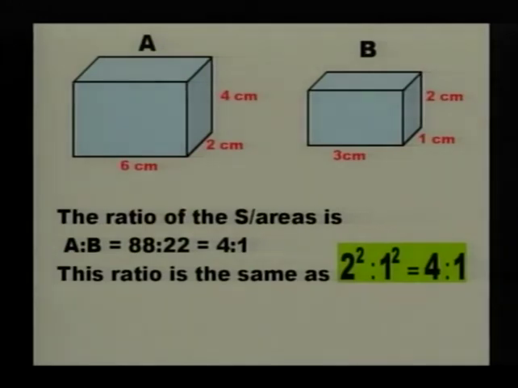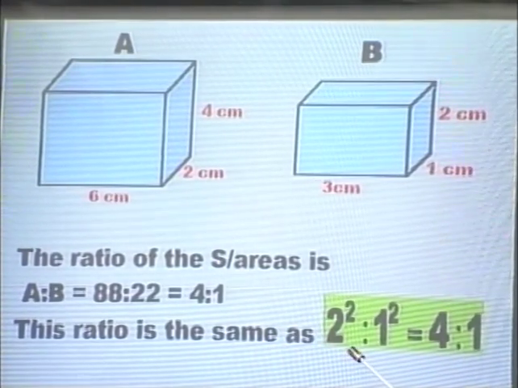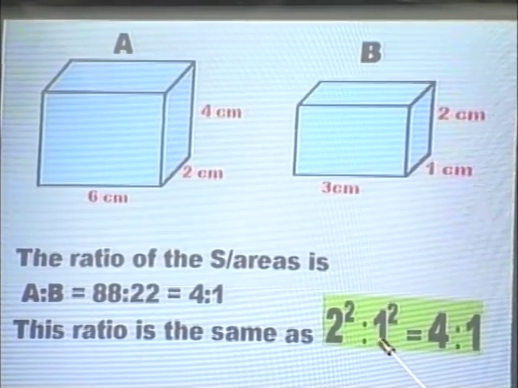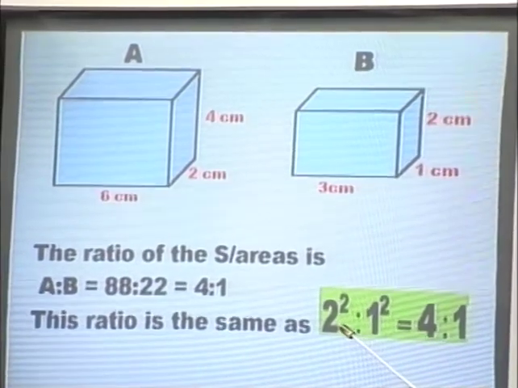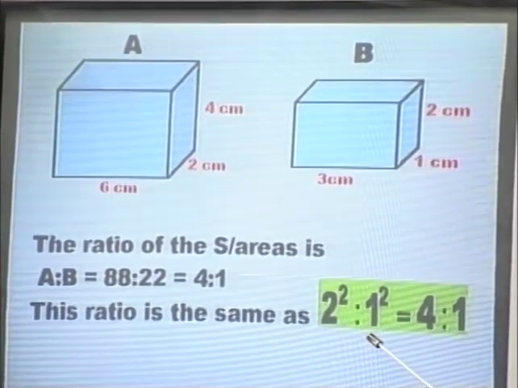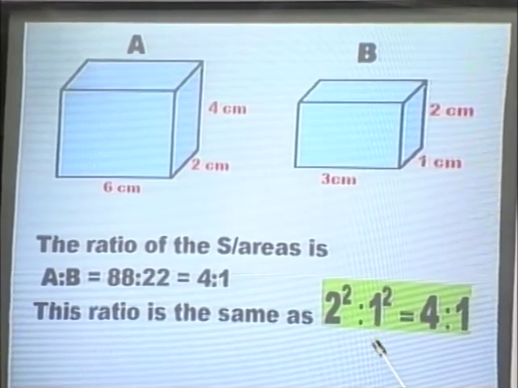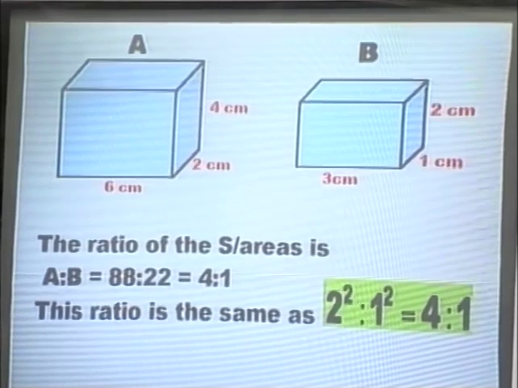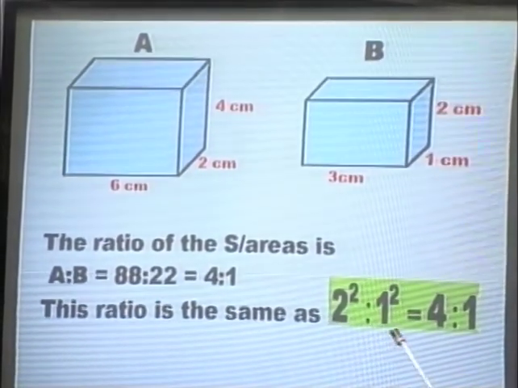Okay, you will also note that this ratio is actually the same as 2 squared is to 1 squared, which is 4 is to 1. And 2 is to 1 is the ratio of their lengths. I explained that a little bit in the previous lesson when I looked at the area of the rectangle that was on the board.